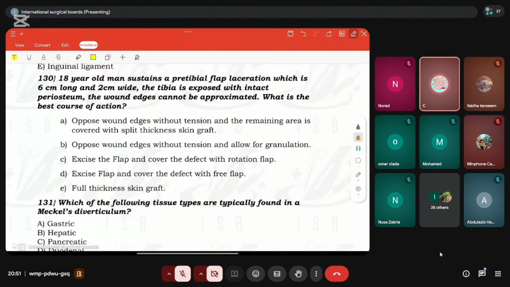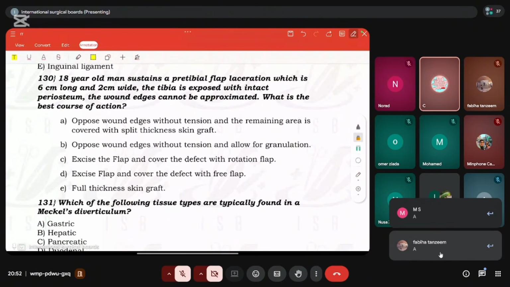And ideally, I think it's a free flap. I would go for D, but I think we just said that we need a team to do this.